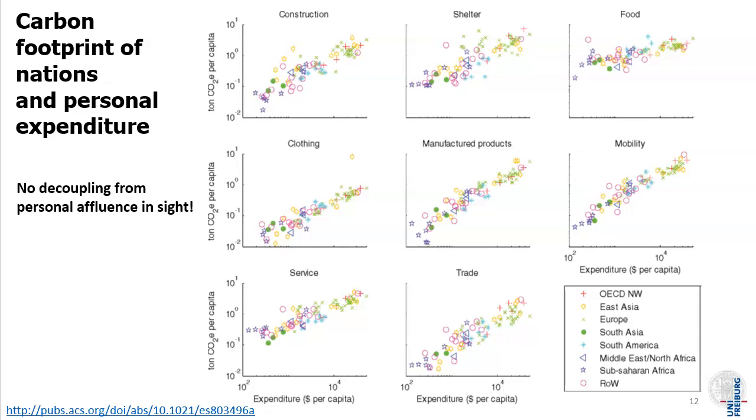And since rising income is still the main pillar of economic development policy, we have really a deep contradiction here in our economic system. The need to reduce emissions on one side, but then the strong coupling of emissions footprint to rising incomes on the other hand. So that is a very strong finding that has been repeated multiple times, and it means that eventually we will really need to rethink our relation between production, consumption, and sustainability and well-being.